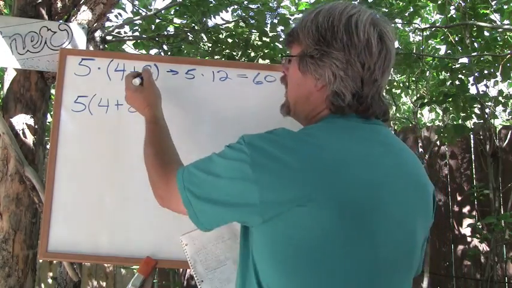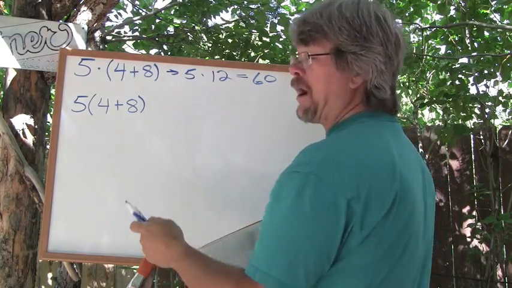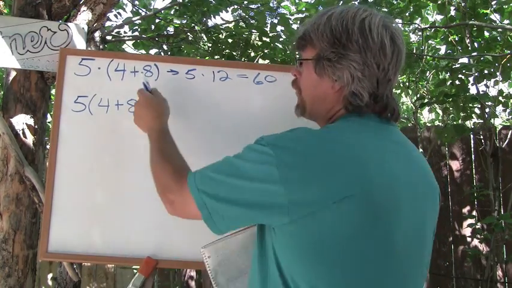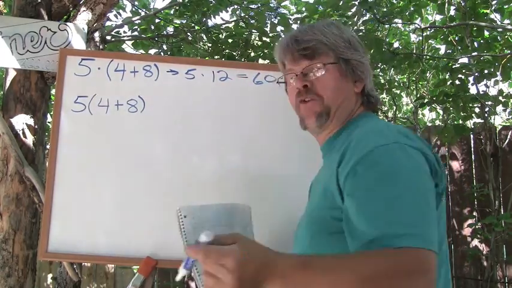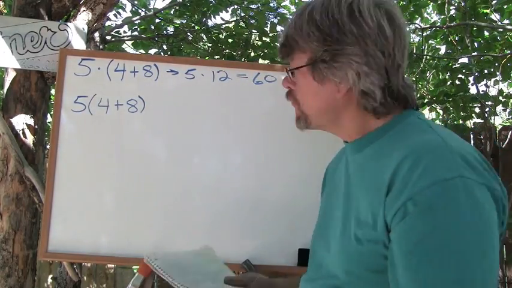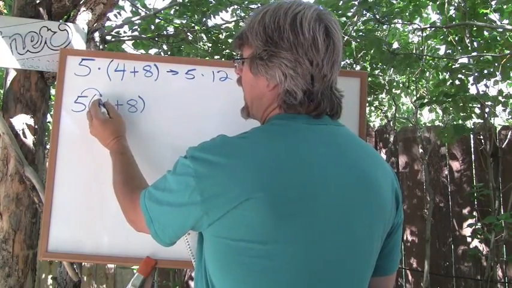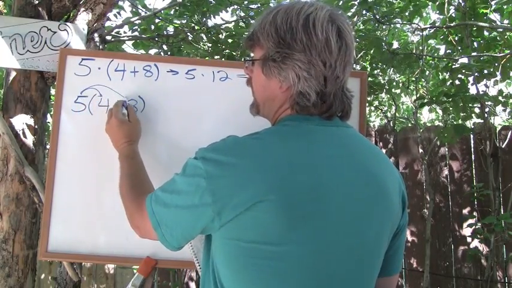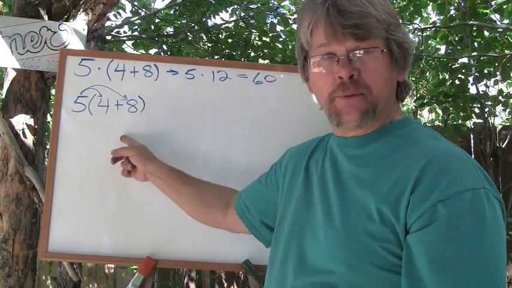So, in this instance we have 5, and I put the multiplication there on purpose to show you that, plus whatever's in this group. For the distributive law, what we do is we take this 5 and we multiply it, we distribute it to each term in the group.